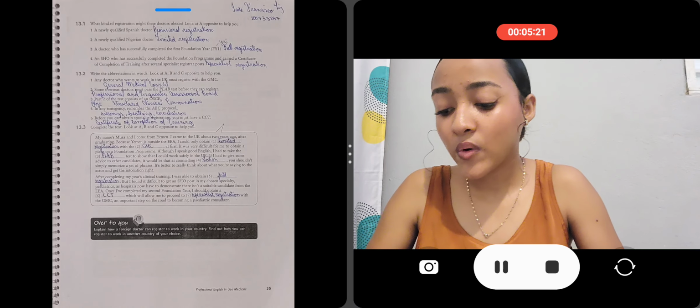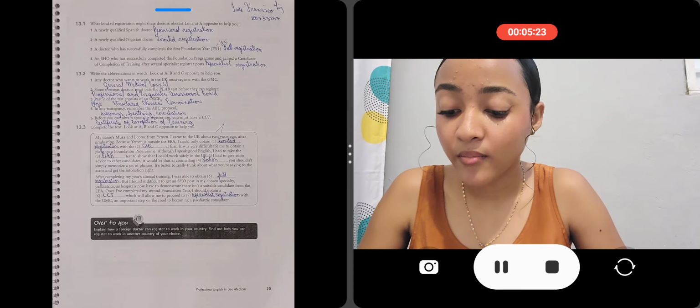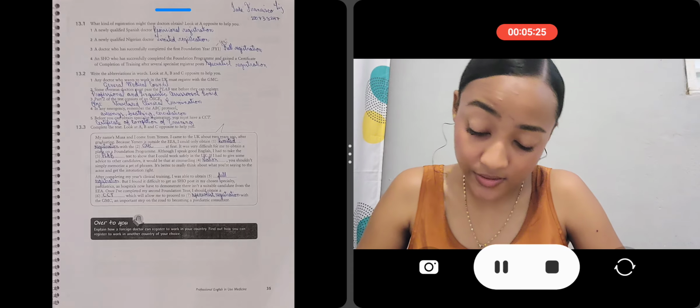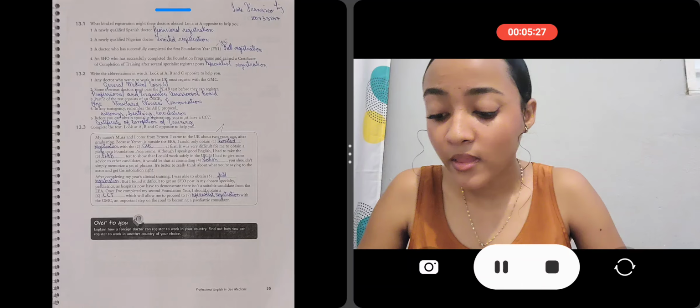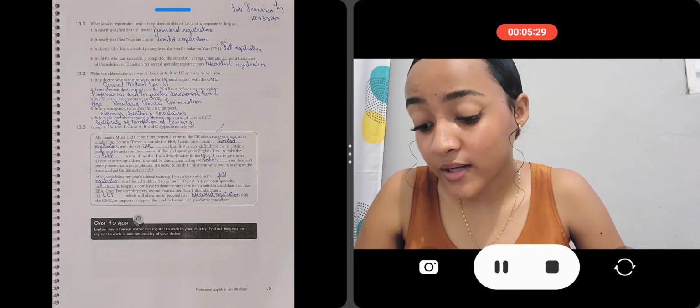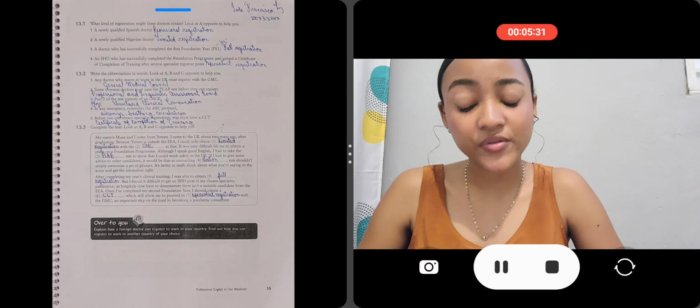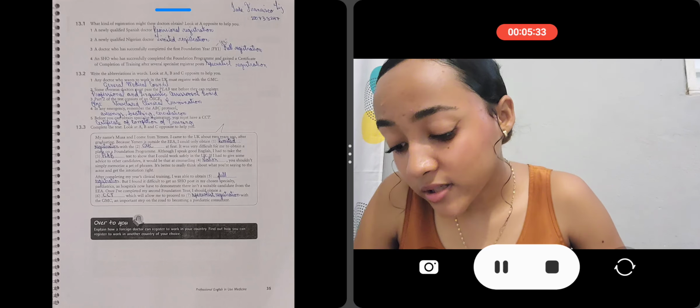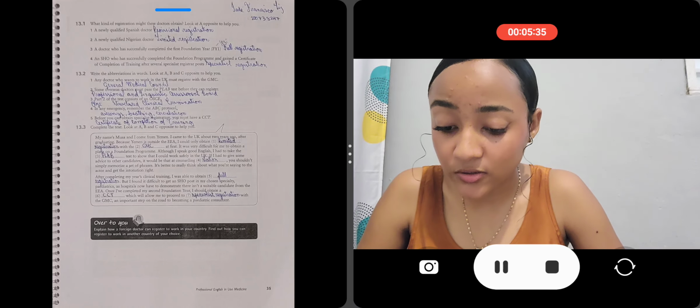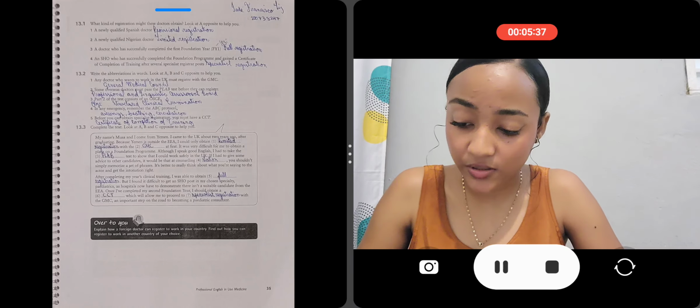13.1 What kind of registration might these doctors obtain? 1. A newly qualified Spanish doctor: provisional registration. 2. A newly qualified Nigerian doctor: limited registration. 3.